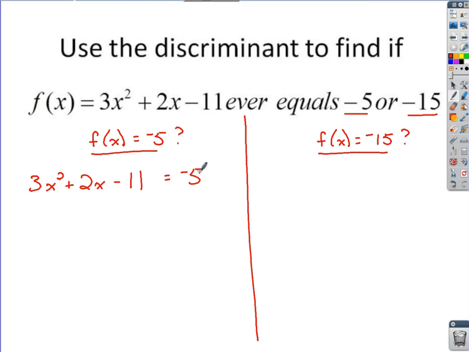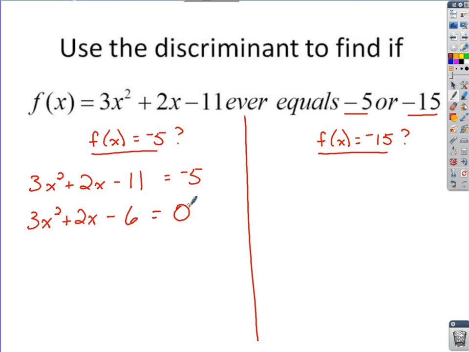And as common practice on these types of problems, we're going to move that 5 over so everything equals 0. So add it over. Whoa, that's not right. I misspoke my value here. If I add that over, it's going to be minus 6.